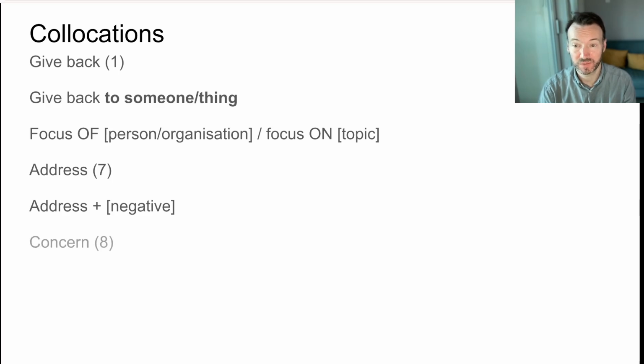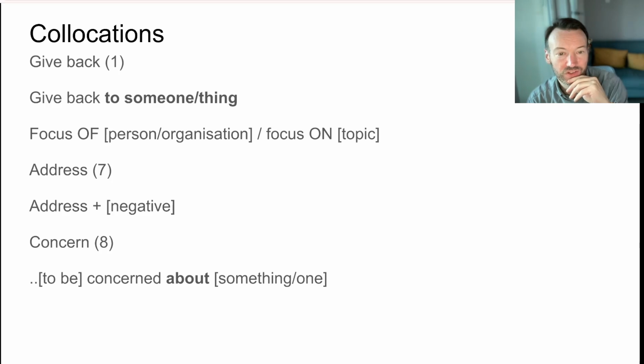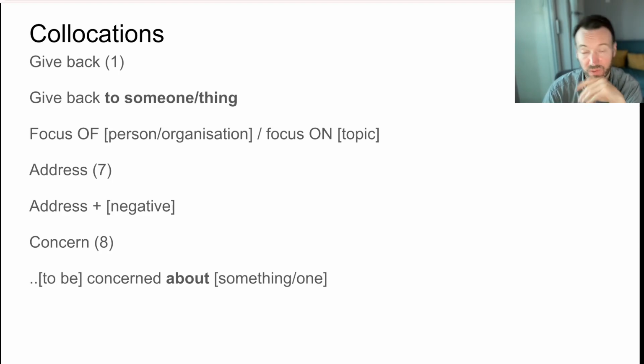All right, next up we have concern. How do we use this in a sentence? We have to be concerned about something. We need two parts to this. We need to be: I am, you are, he is, concerned about, and then something or someone. In this case the preposition is about, and we also need to be.